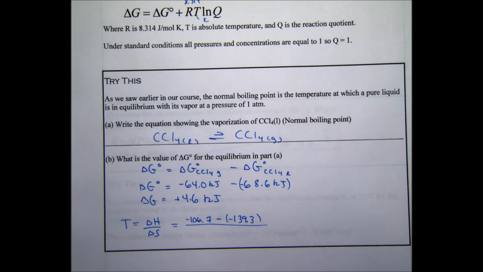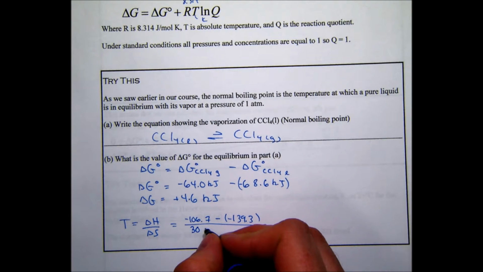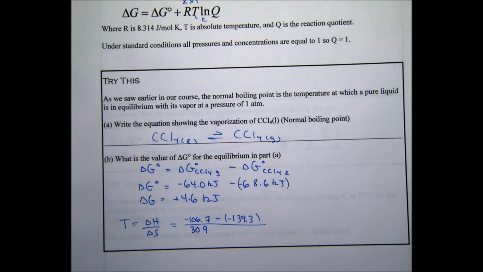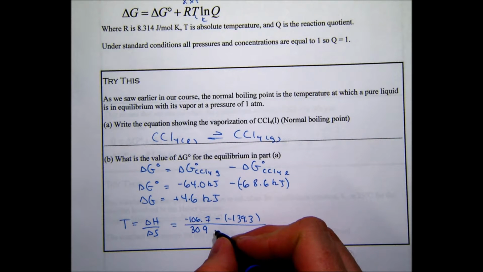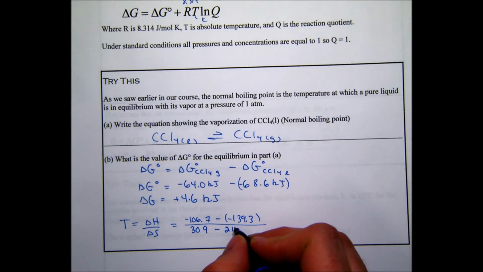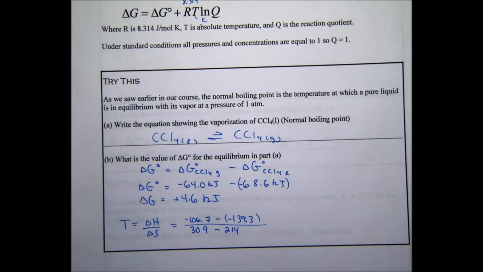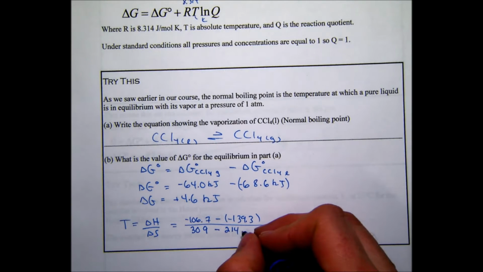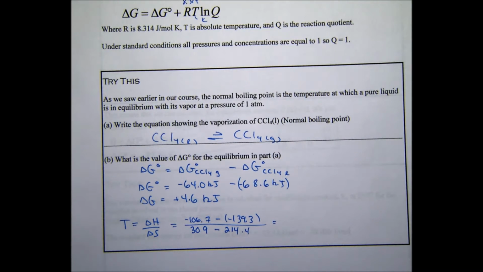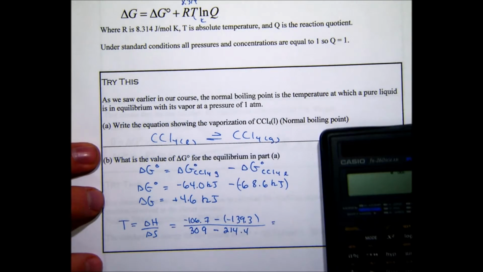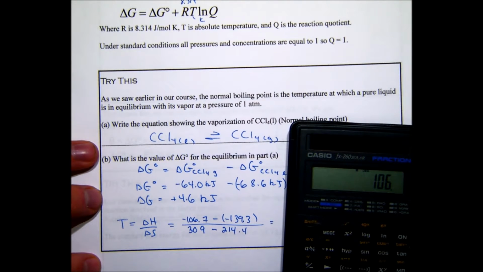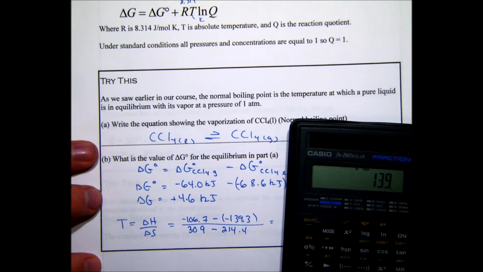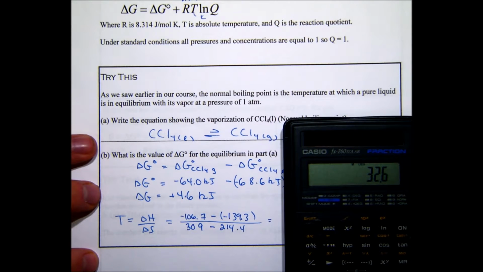And the entropy will be 309 take away 214.4. So we can do our calculations now. Negative 106.7 take away negative 139.3 equals 32.6, endothermic, which is what we would expect boiling to be.